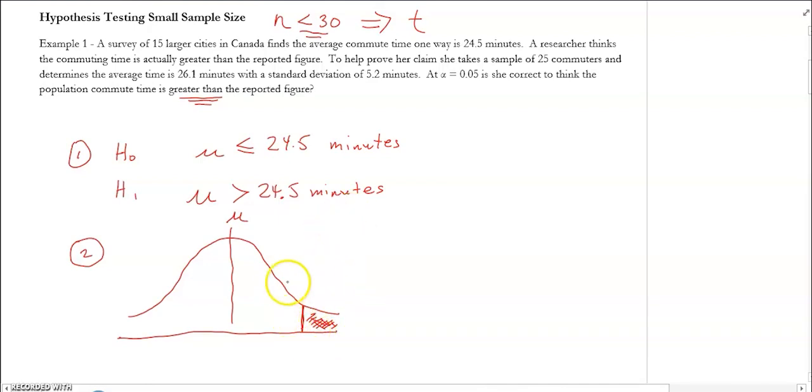and since our sample size is less than 30, instead of a z here, we're going to put a t-value, and we're going to go find that out.